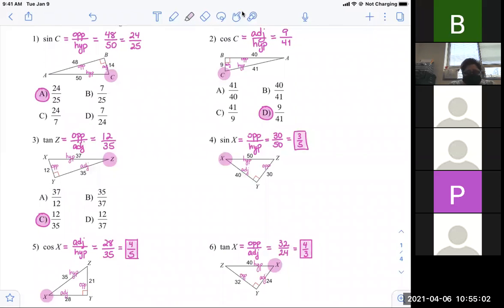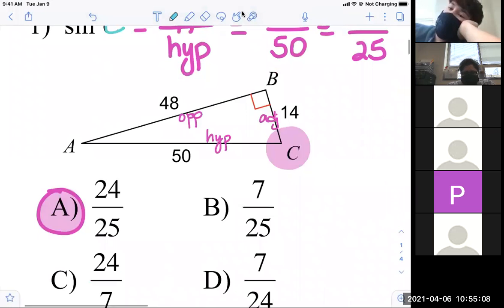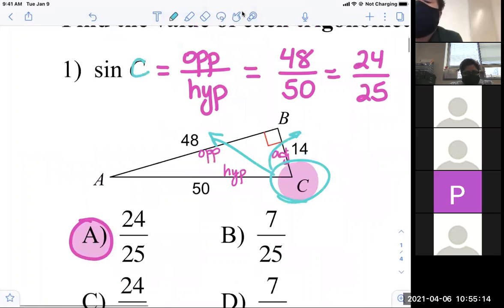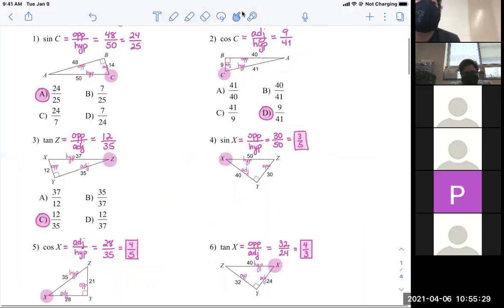Oh, because it says like the sine of angle C. So if it says sine of C, that means from angle C's perspective, that's your opposite and that's your adjacent. If it said sine of A, then you would be looking at this and it would switch those guys around. But the problem said C, so that's how you know which angle to go to. Any other questions on 1 through 6?